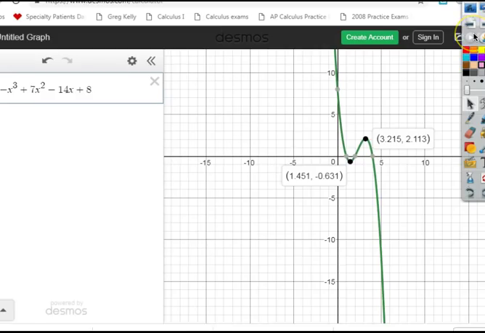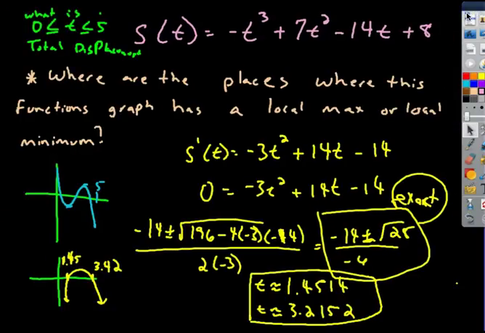Let's look at the graph. And here it's 3.215 at the other value, which you said was 2.113. That's a pretty good estimation. That's 3.215, and ours is also 3.2152. So ours is a little bit more accurate, but for practical purposes, it's pretty good. It's a pretty good, safe estimate.